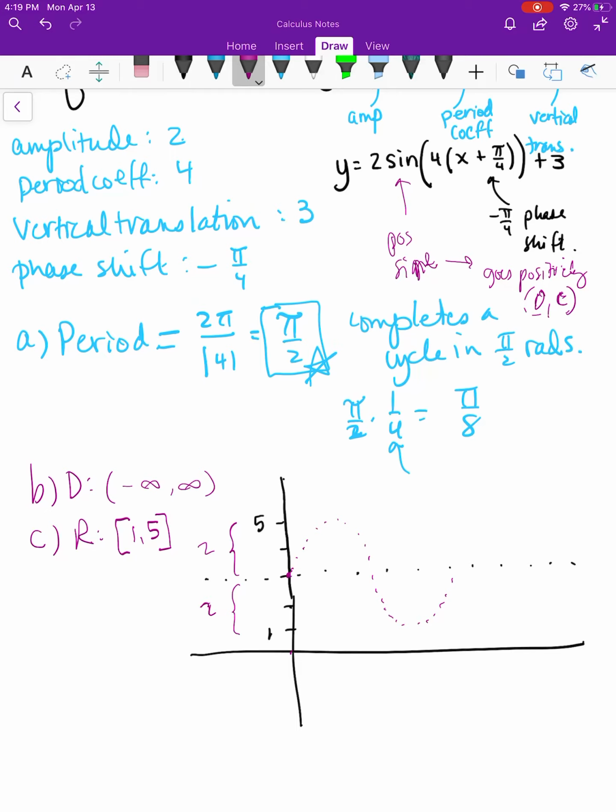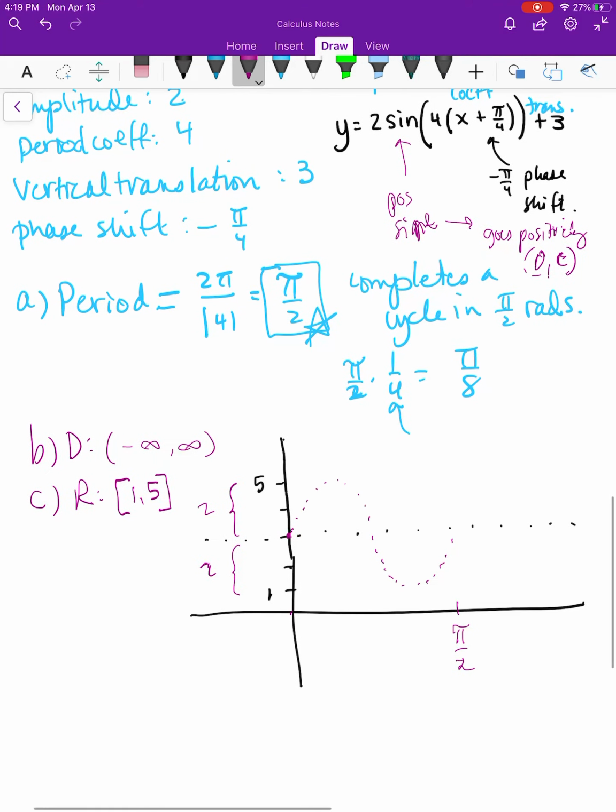This time, if I just did a regular sine function, one cycle of it without a phase shift would look like that. It goes from 1 to 5, and one cycle of it we said was pi over 2. This is without a phase shift.